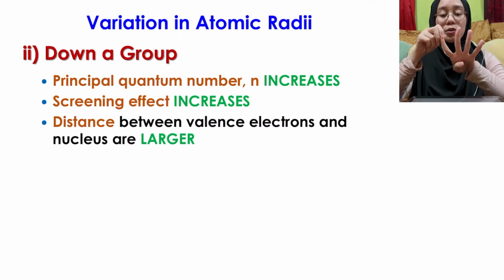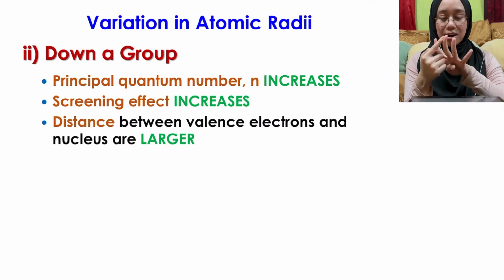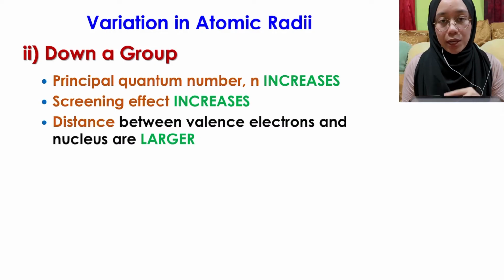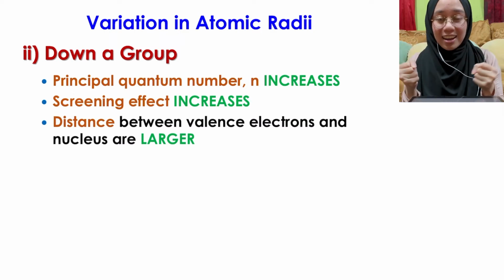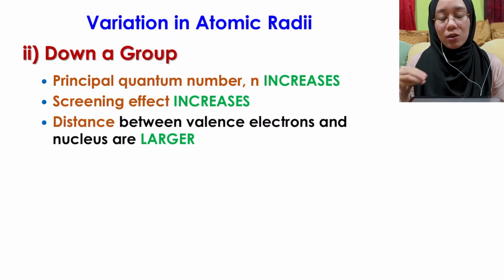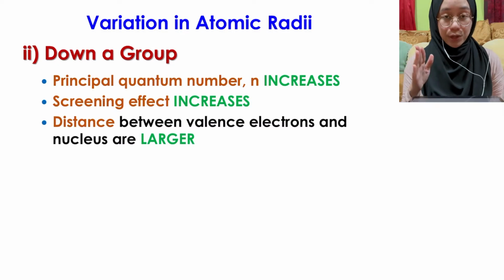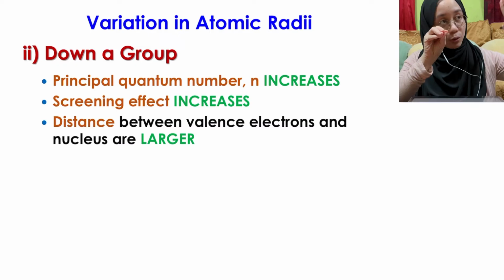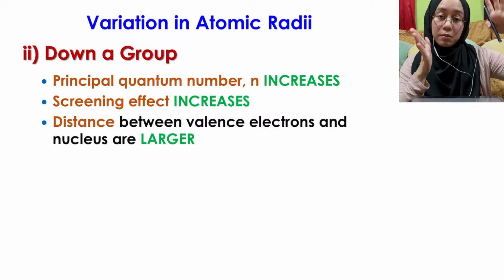But as you can see, it is blocked by 1, 2, 3. So the inner shell is actually what we call the screening effect or the shielding effect. Shielding means a barrier. Either term can be used. So that is why the distance between the nucleus in the middle and the valence electron in shell number 4 becomes larger.